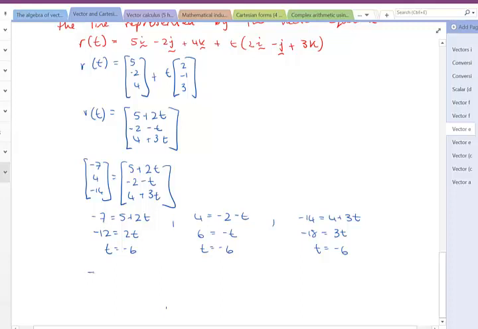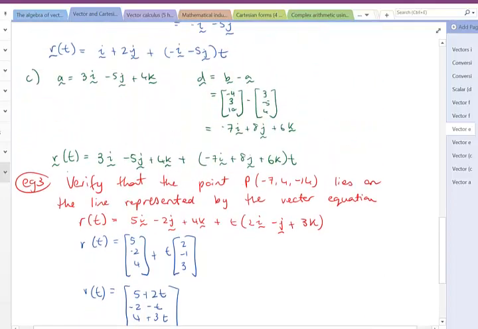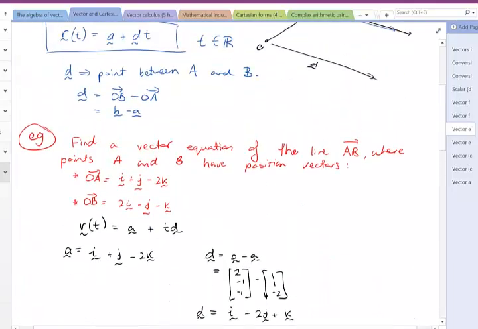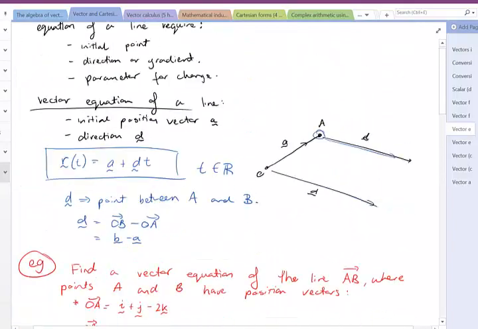So (-7, 4, -14) lies on the line represented by R. And that's it. That concludes the lesson on the introduction to vector equations of lines.